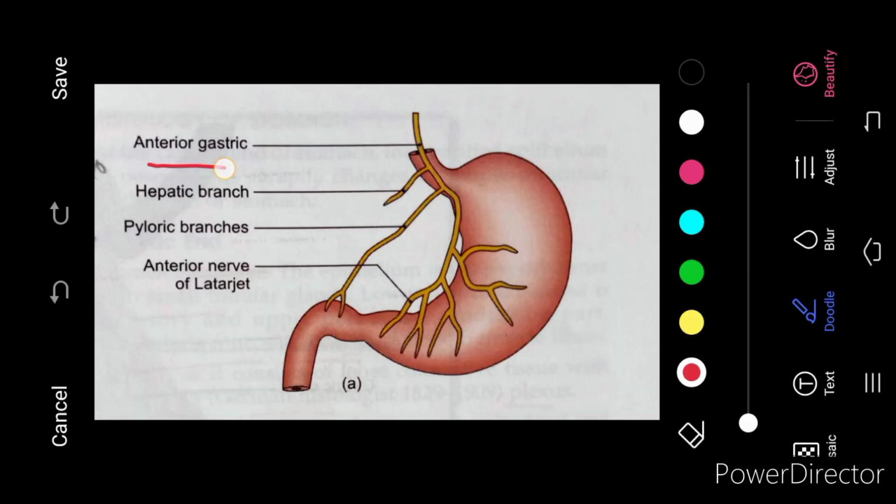See the anterior gastric nerve, which is present on the anterior surface of the stomach. It is divided into several gastric branches and two pyloric branches. The thing which is important here is the anterior nerve of Latarjet. It arises from the gastric branches, but it supplies the pyloric part of the stomach, and this is the hepatic branch.